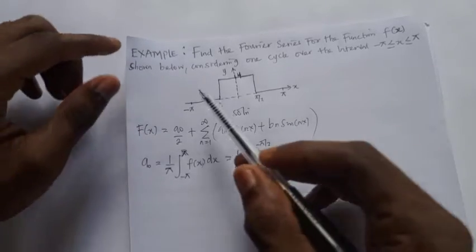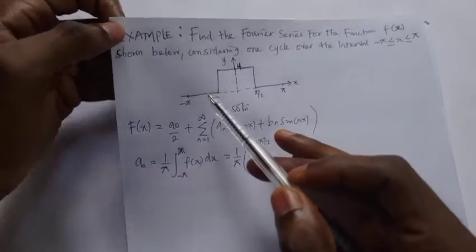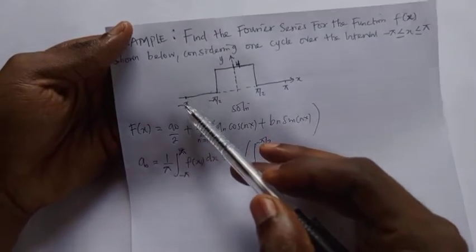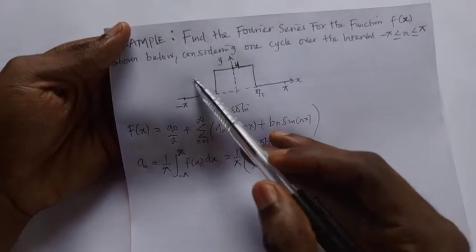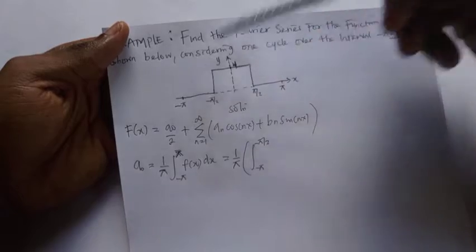And the value of the f of x in this function is the value of our y. So when x ranges from minus pi to minus pi over 2, what is the value of y here? As you can see, there is no value of y, which means that y is 0 in this direction.